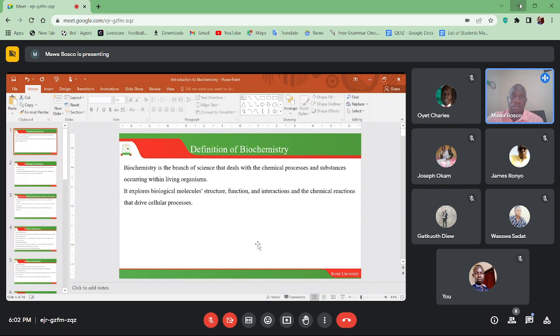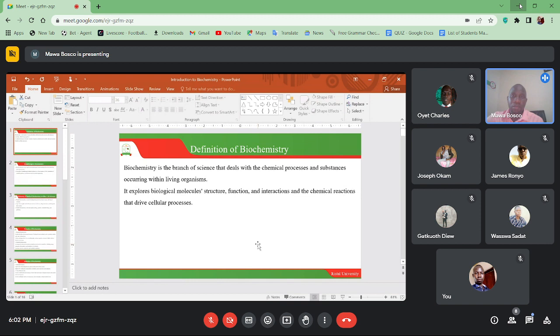So there is a force. Hydrogen bonding is a force of attraction between two molecules. Okay, so it can be carbon and hydrogen. It can be with other elements.